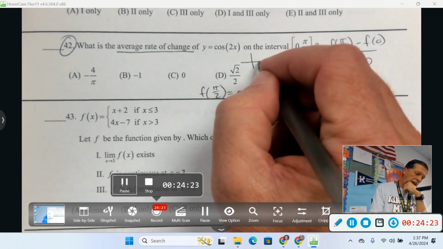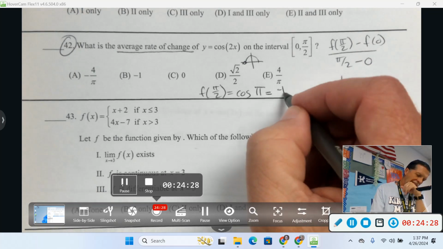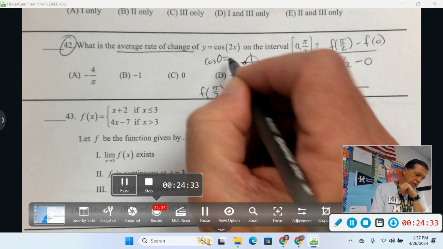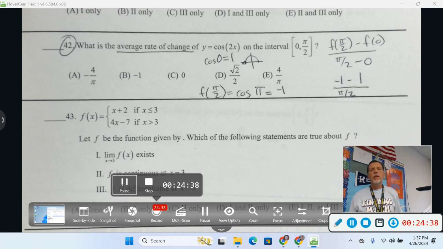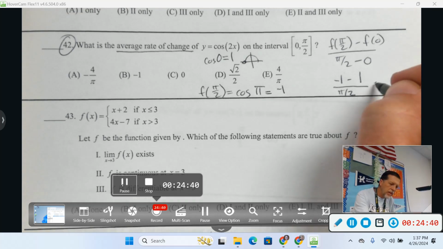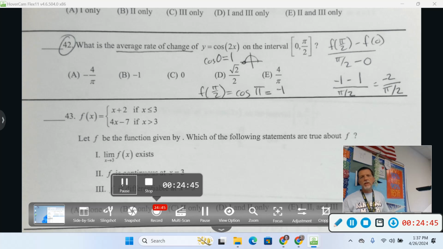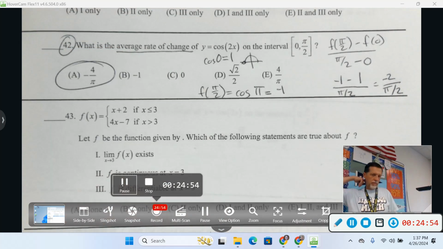Cosine of pi is negative 1. Cosine of 0 is 1. So we've ended up with negative 2 over pi over 2. So either keep it, change it, flip it, or you've done it enough where you know what happens when you keep it, change it, flip it. You're going to end up with negative 4 over pi.